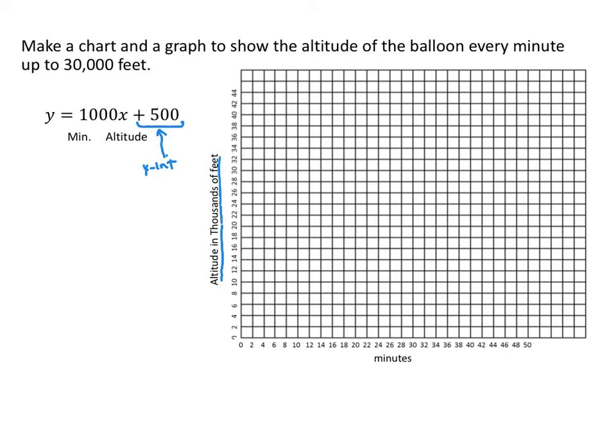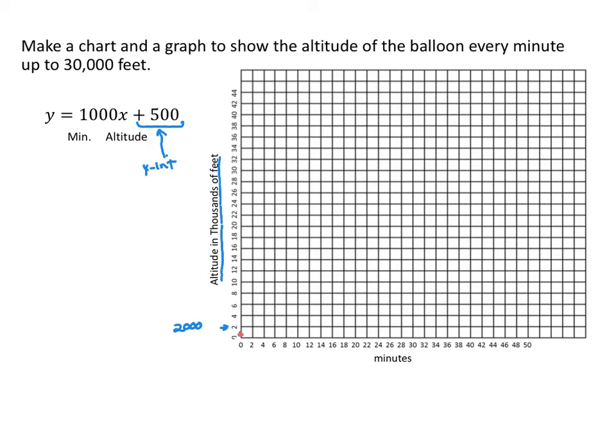So this 2 right here is really 2,000 feet. So halfway up there would be 1,000 feet. 500 feet would be half of that, so it's a fourth of the way. We have to estimate a little bit. So there's our 500 feet.